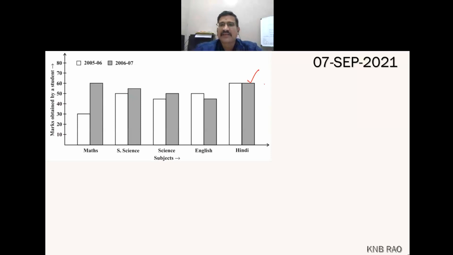But whereas in English, the student performed better in 7th than in 8th. There is a little loss of marks. Whereas in science, there is improvement, but not much. In the same way, social science also has improvement, not much. But when it comes to mathematics, there is improvement, but a huge difference. Getting 30 marks in mathematics in 7th is becoming 60 marks in class 8th.